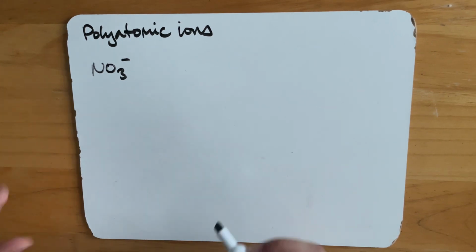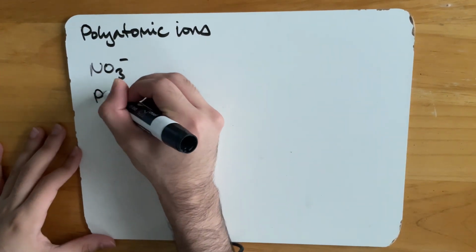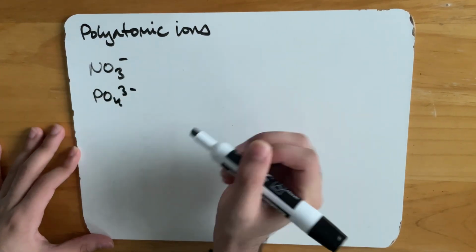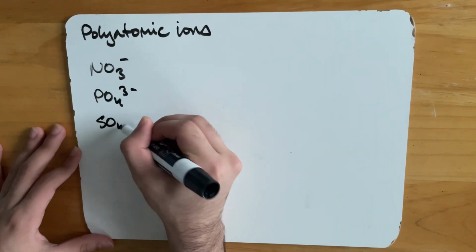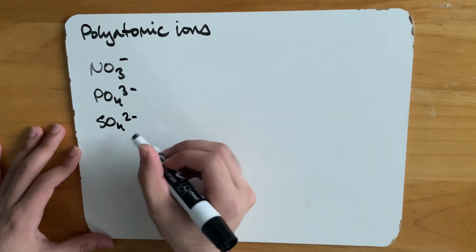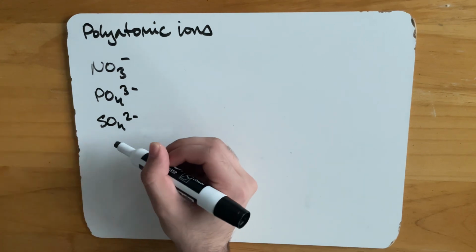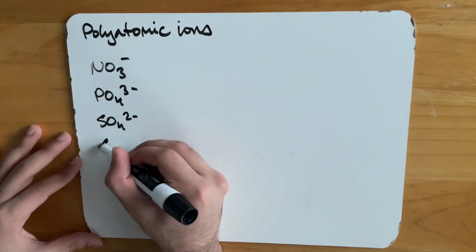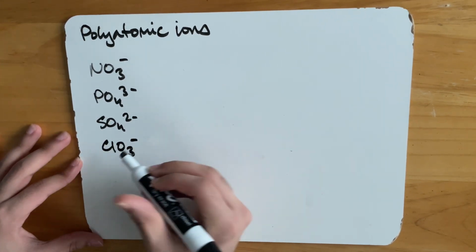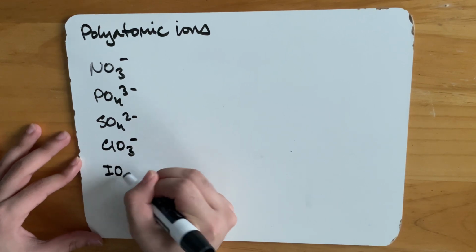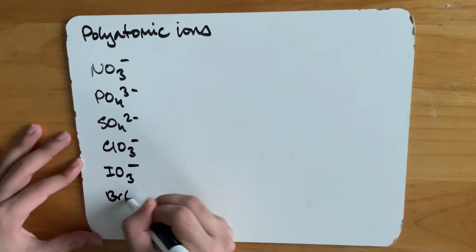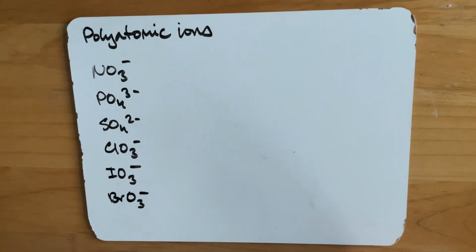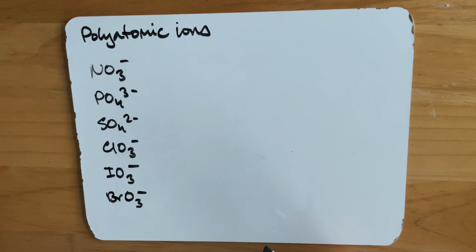So things like this, NO3 minus, PO4 3 minus, SO4 2 minus, and then let's focus on some of the halogens: ClO3 minus, IO3 minus, BrO3 minus. So things like that.